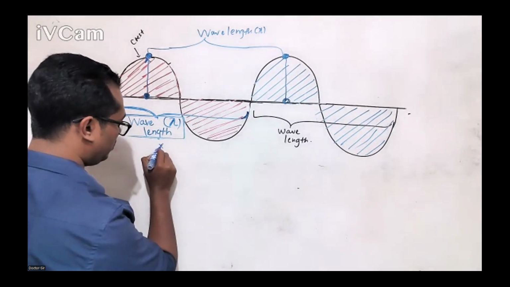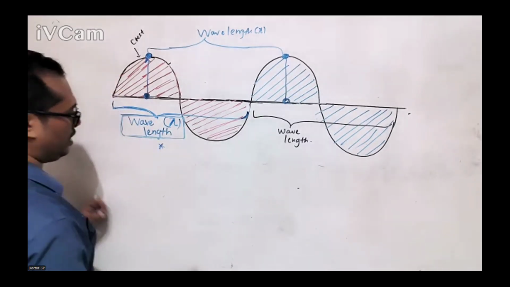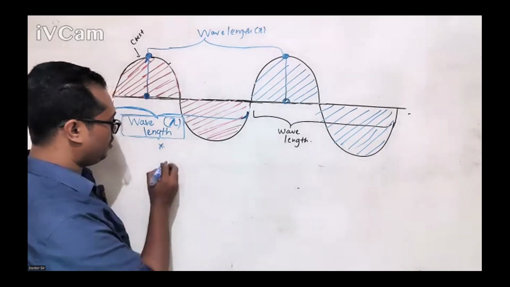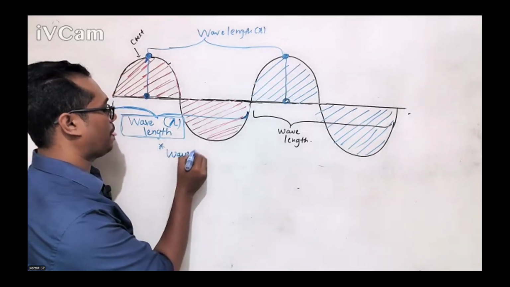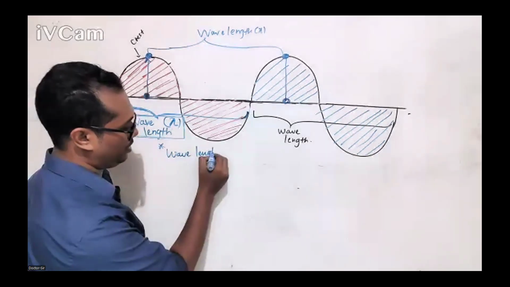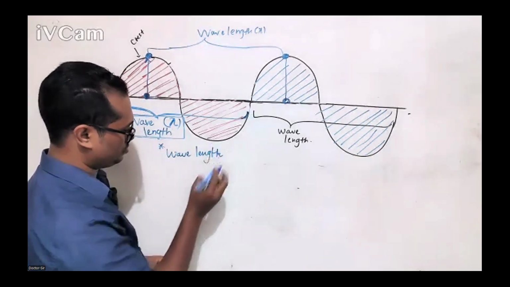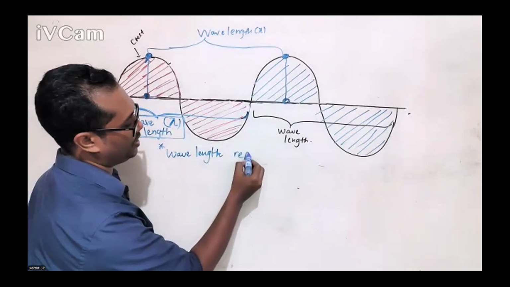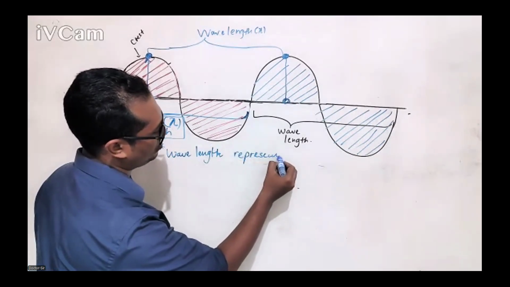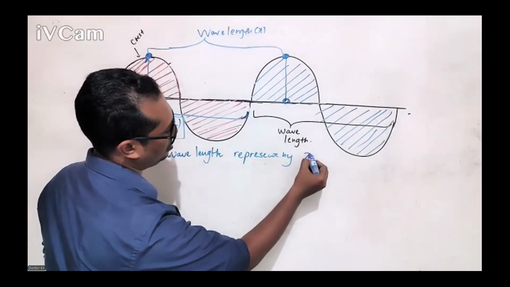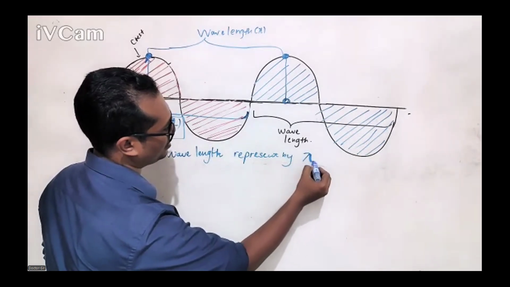The next point, I think we have 3 lines. Wavelength is represented by lambda. This is lambda.